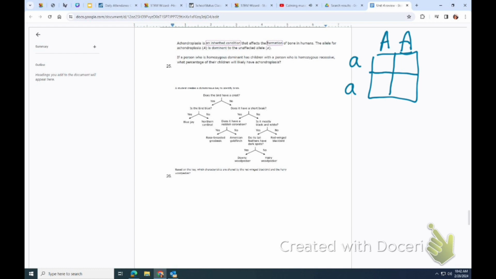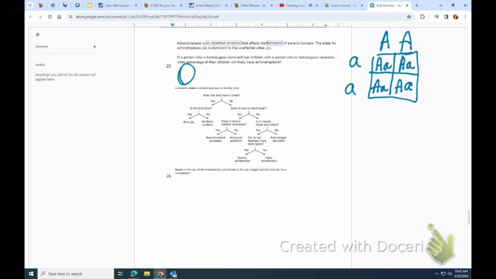So in order to have the trait, that organism would have to be homozygous recessive. So 2 little a's. So let's do our Punnett square. What percentage of these are 2 little a's? None. So the answer here is 0% of those organisms would be homozygous recessive.